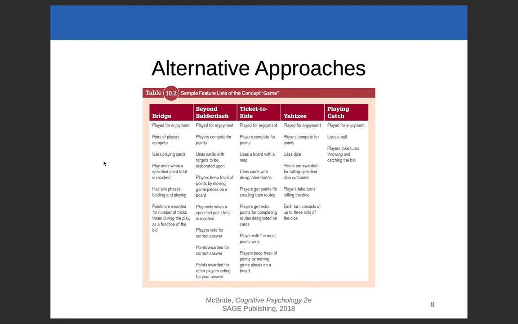Games are played for enjoyment. If it's not enjoyable, then it's not a game; it's work, right? So it has to be enjoyable. Players have to compete. There's taking turns, using some sort of tools, some sort of keeping track. All of these things are features for the concept of a game, and you can average all of these to come up with a prototype for what games are.